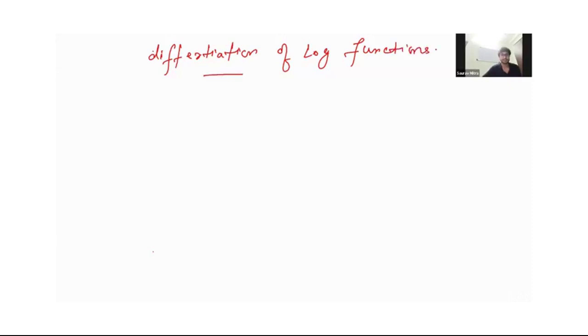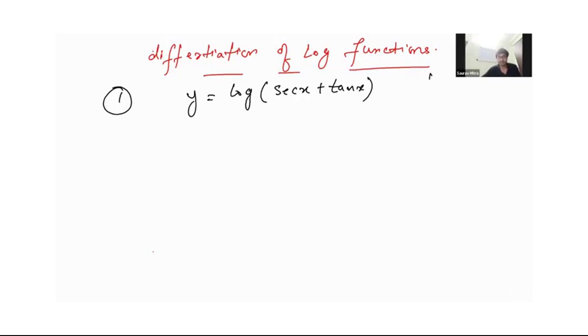Let us take an example: y is equal to log of sec x plus tan x. We should remember that the differentiation of the log function, d by dx of log x, is 1 by x.